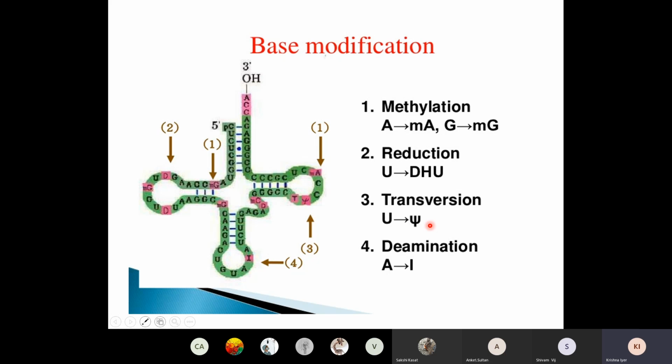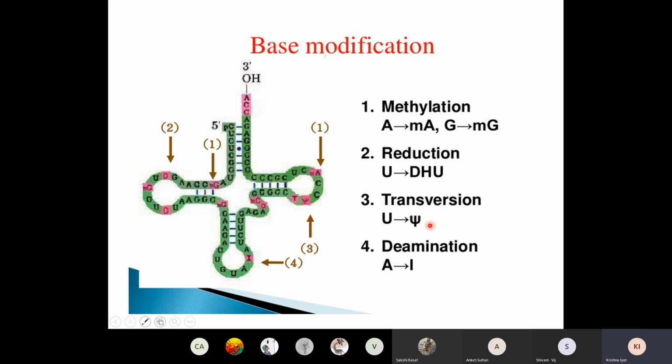A pseudouridine is where the sugar, rather than being attached to the nitrogen of uracil, is actually attached to the 5 carbon of uracil, because it's a very unusual connection of sugar to the base. Normally, in all the nucleosides and nucleotides we have seen, the sugar is always attached to the nitrogen.